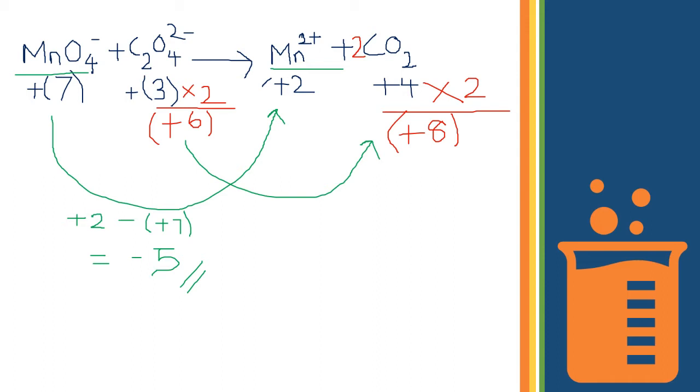Pause the video and calculate, and come up with the answer of the oxidation number change. If you have done it correctly, +8 minus +6, and you would have got the answer as +2. And that's the end of step number 2.